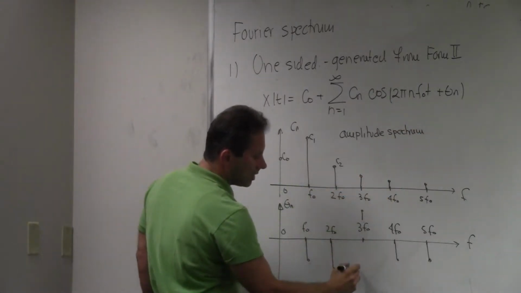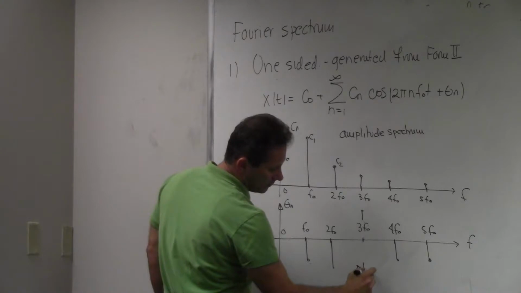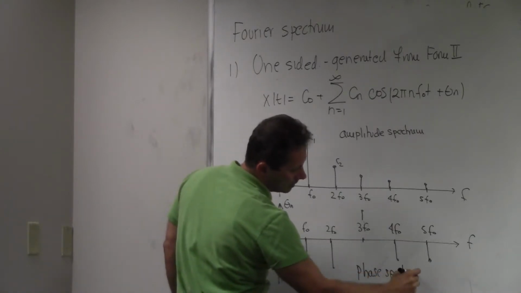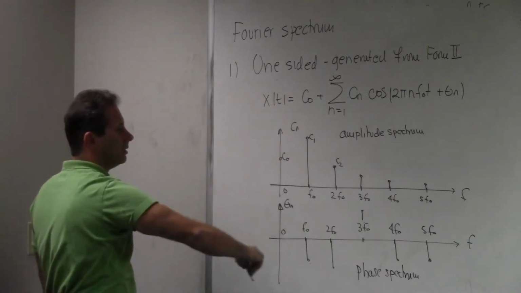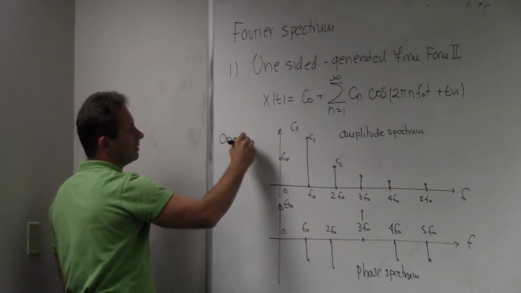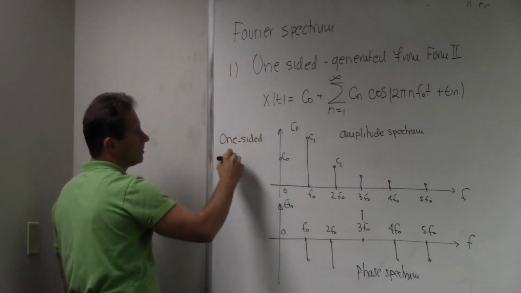And this one we call how? Phase spectrum. And these two together we call the one-sided spectrum.